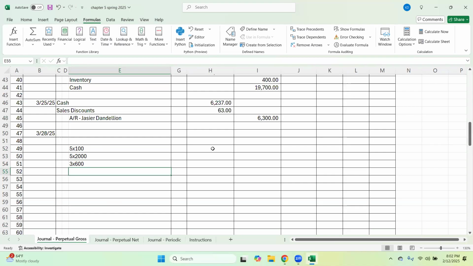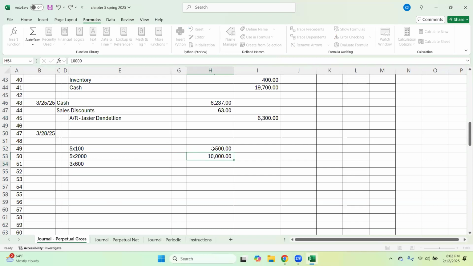So I know that's 500, that is going to be 10,000, and that one is going to be 1,800. Okay, so I add them all together, and this is going to be my inventory. Watch me go. Plus 500 plus 10,000 plus 1,800.